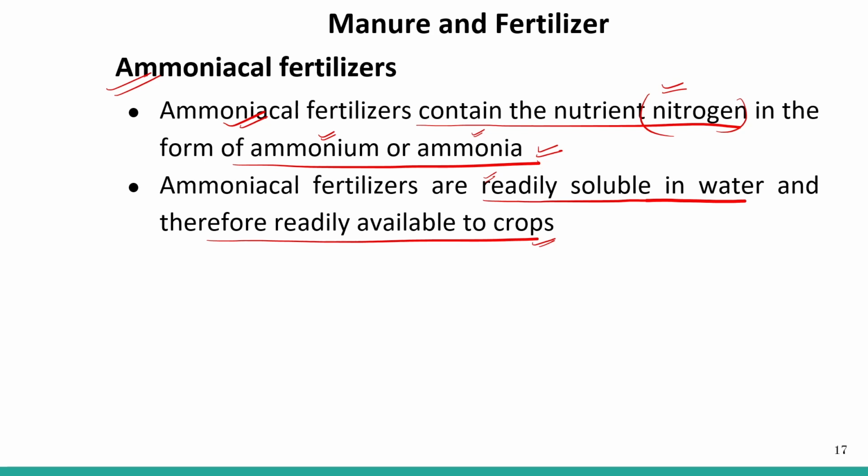Readily available means easily available to the crop. If it is a solid fertilizer, it will get solubilized slowly and take time, so it is not easily available to the crop. But liquid fertilizer is very easily available to the crops. So the first one is the ammonical fertilizer, right?